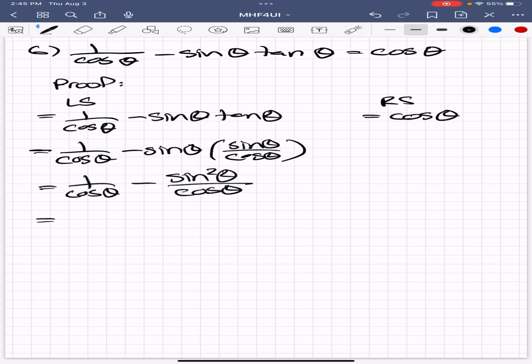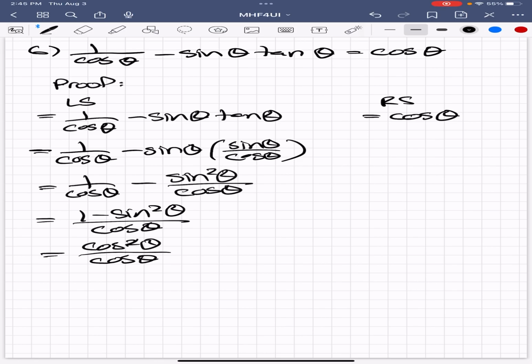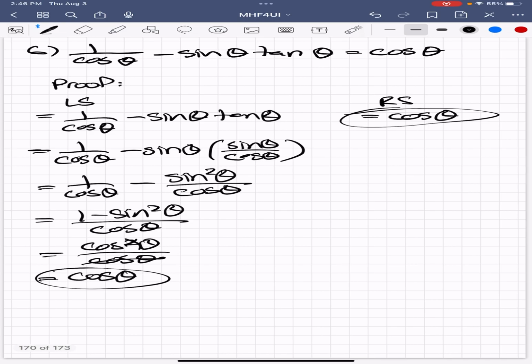And we have common denominators. And we're left with left side equals right side.